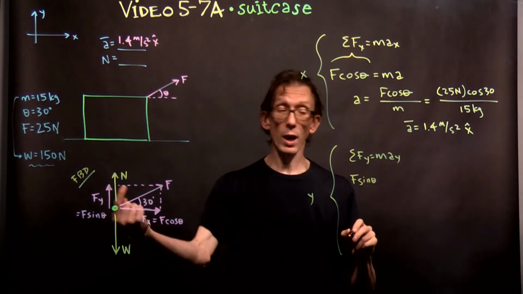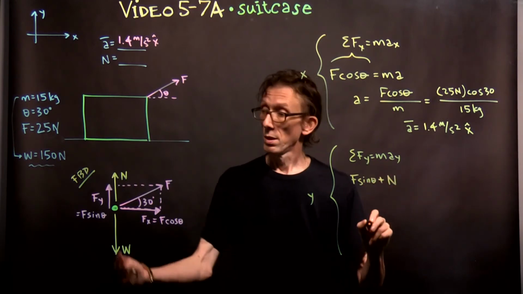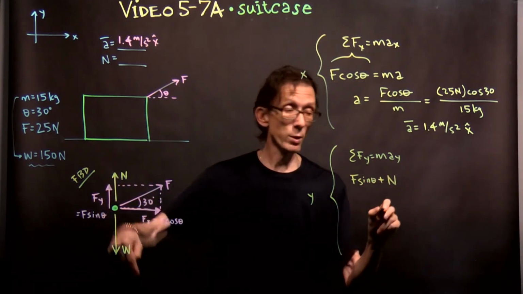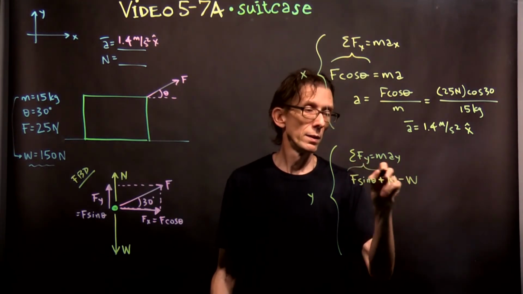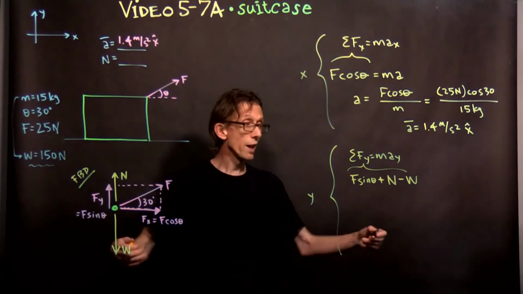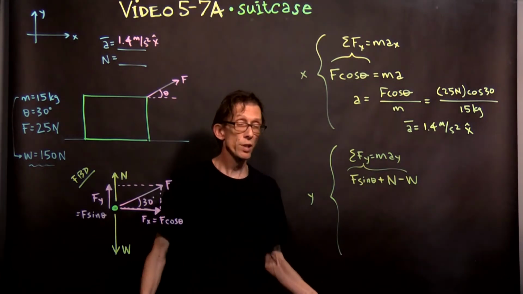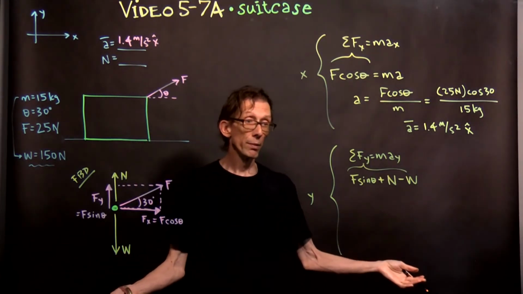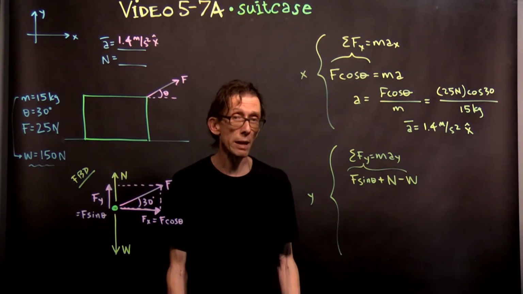That's the pink force up, right? That's positive, plus the normal force, which is also positive, minus the weight. That is the sum of all the forces. You take the forces and you add them up. They're not all positive. Some are negative, like the weight here. But still, you're adding them all up. You got 2 positives and a negative, and you're adding them all up. That's what sum of forces means.